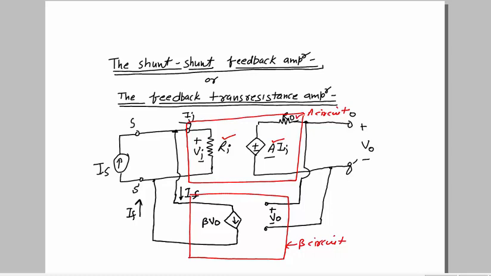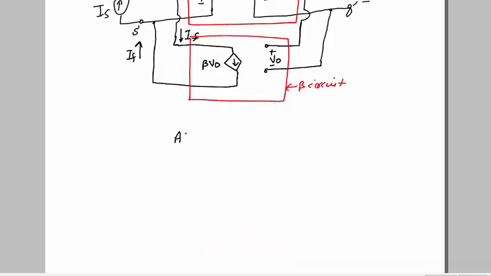Here A is defined as A equals V0 by Ii. The closed loop gain, or the gain with feedback, is AF, and it is defined as V0 by Is, and we already know its value will come as A upon 1 plus A beta.